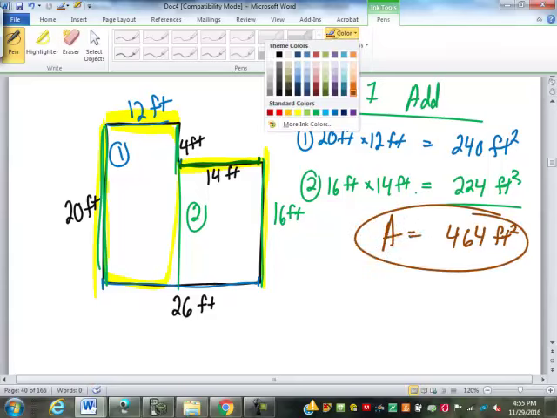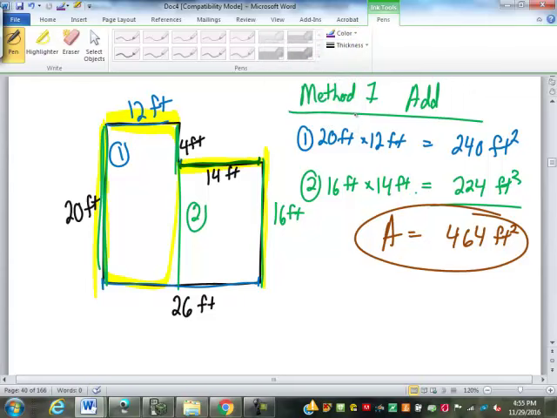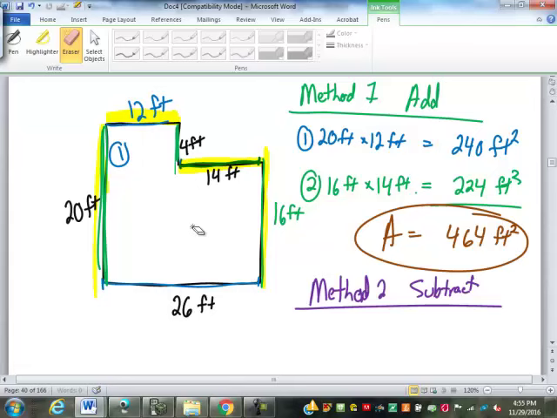So that's the first method we could try, is adding up smaller pieces, cutting into smaller pieces and adding them up. The second method, I'll call method 2, is to subtract. So in order to do that, what I have to do is I have to make these larger pieces.